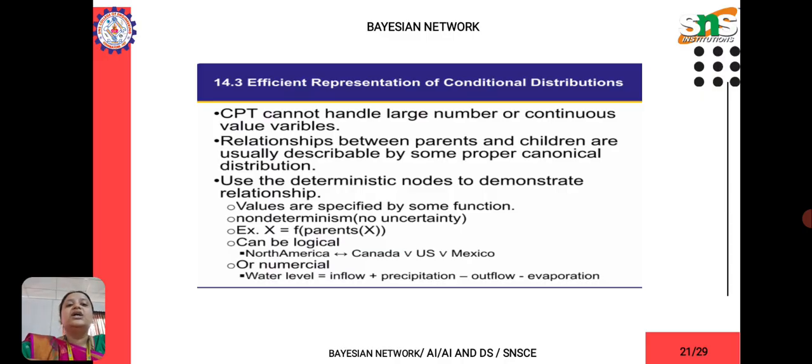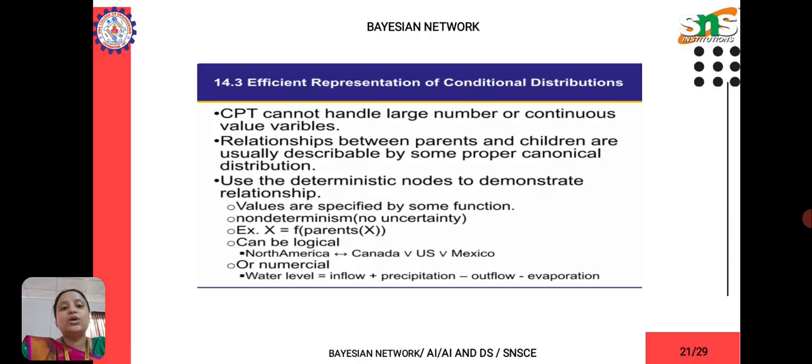Now, the conditional probability table cannot handle a large number of variables or continuous-valued variables. It can handle only a very limited number of variables. The relationship between parents and children is usually describable by some proper canonical distribution.